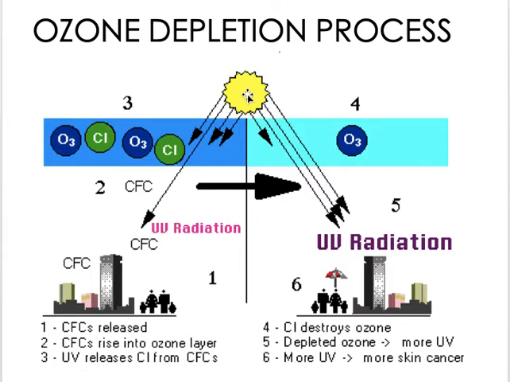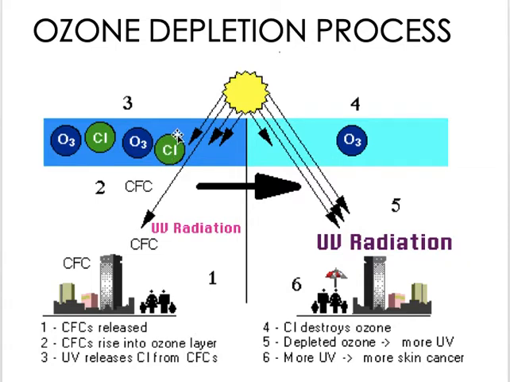As we said, the ozone layer prevents UV from going towards the surface of the Earth. So when UV strikes it, that is the reason the ozone gas breaks into oxygen, which is O2, and one atom of oxygen.